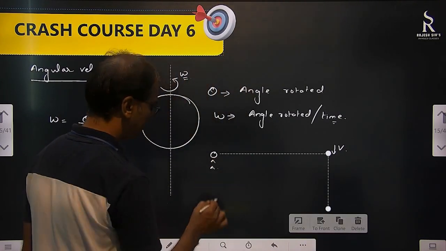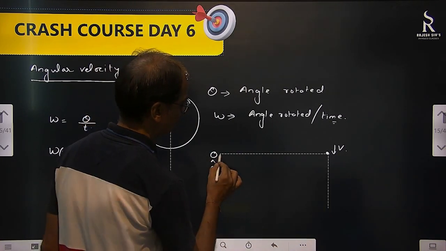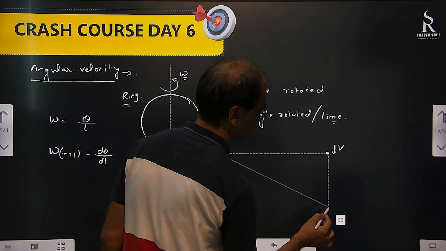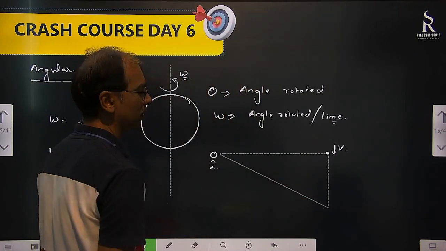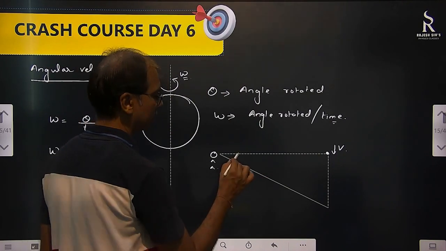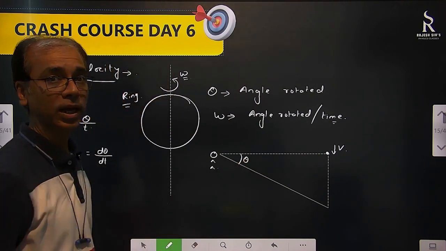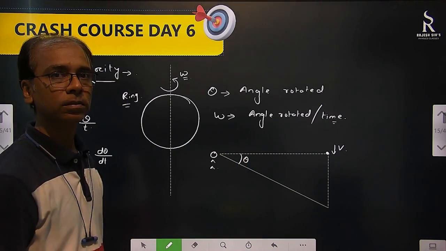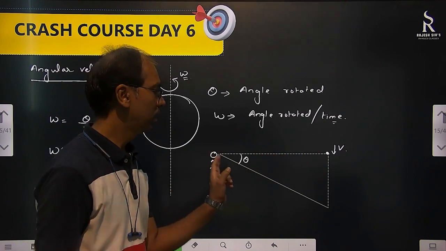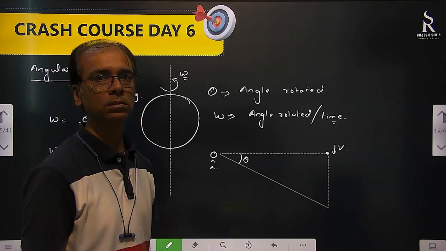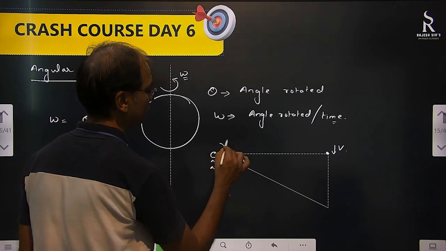But this person is watching it like this. So the question is, has the motion of this particle made him rotate his head or his eyes? Answer is yes. So is the angle changing? Yes. Here it was some angle, here some other angle. That also is omega. This is also omega.